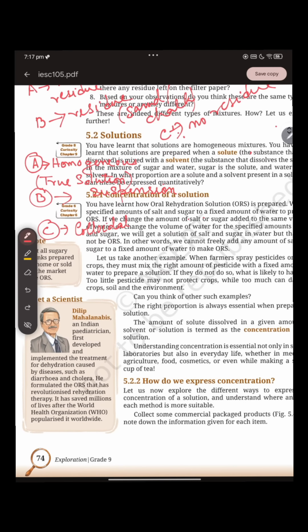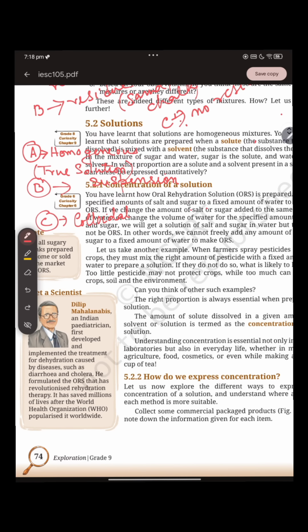So when you see the differences, this is the first difference I will say. And what is that? It is particle size of solutes in true solution, suspension, and colloids.